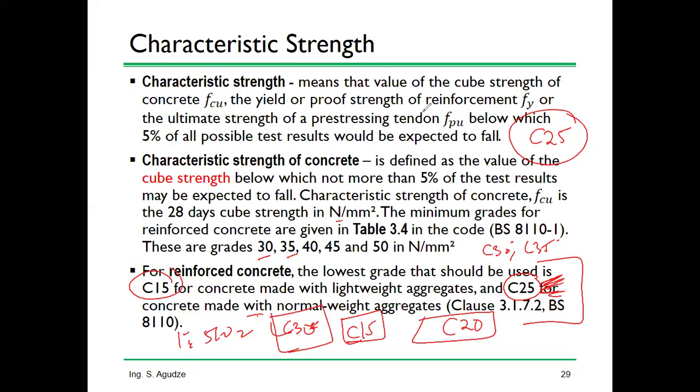So after you crush in the machine, we will learn how to do the calculation of characteristic strength. Then you know that if the strength that you crush in the machine is within this range, then your ratio is fine. Then you use that ratio for the works.